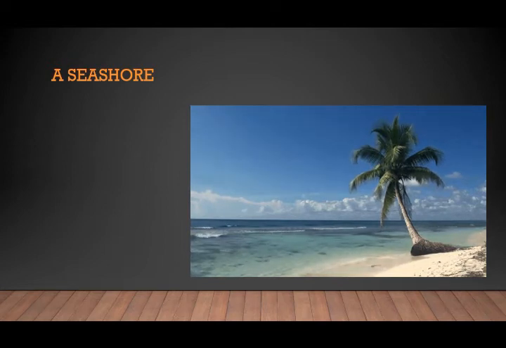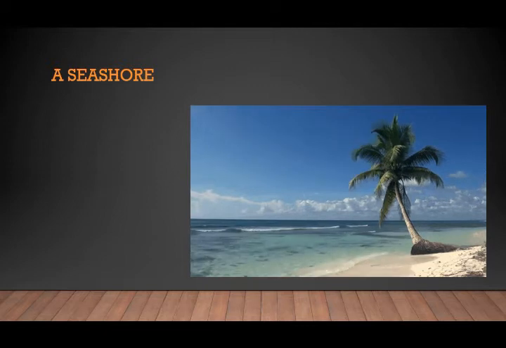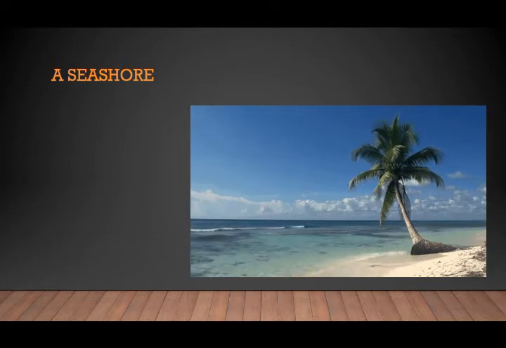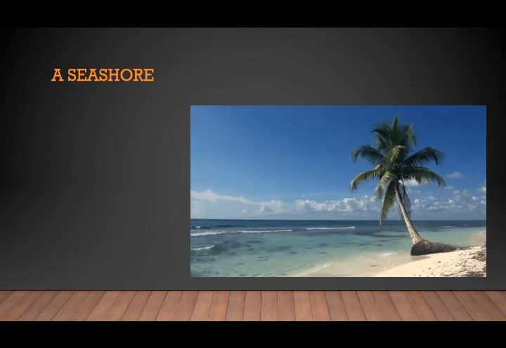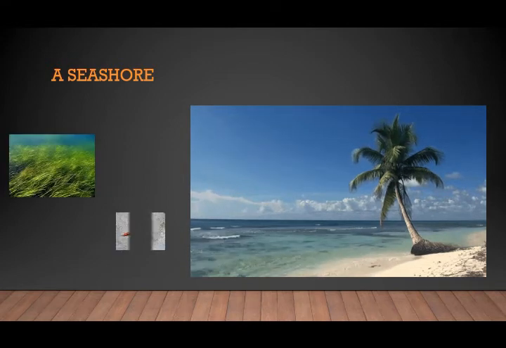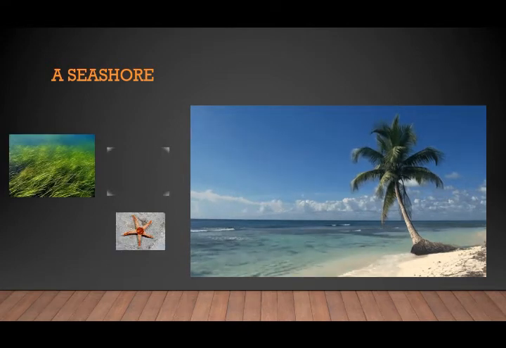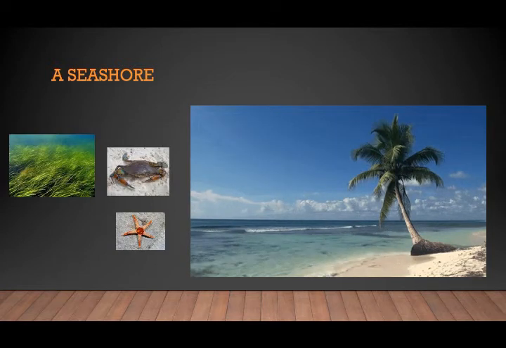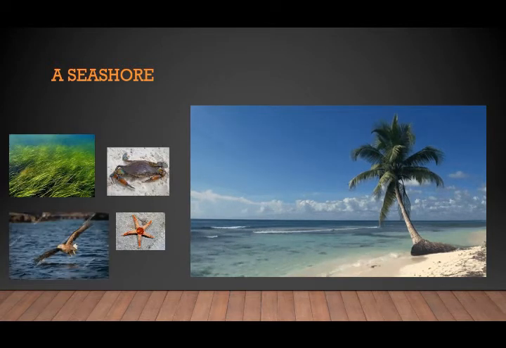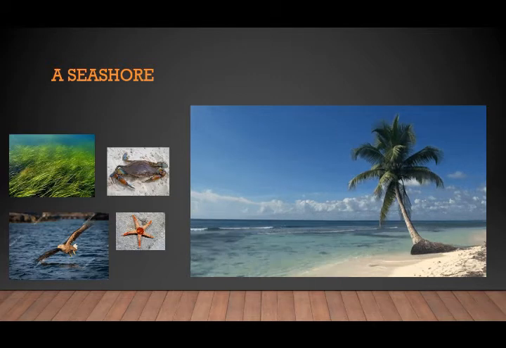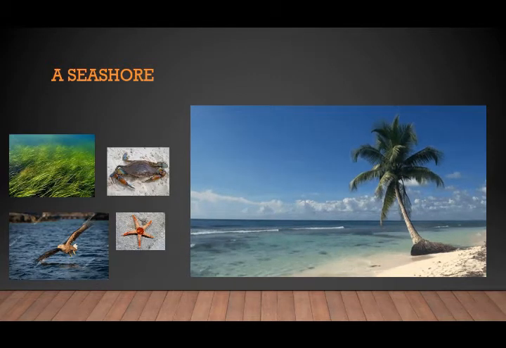And now, can you identify any living things that live in the seashore? Well, in the picture you'll see the coconut tree, and if we are lucky enough, we might find some other living things like the seagrass, sea star, sea crab, and sea eagle. Okay, these are the living things that you might find in the seashore.